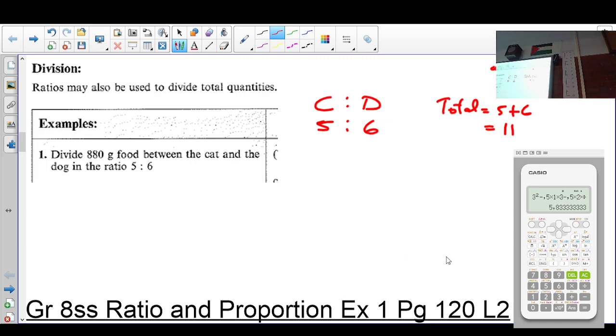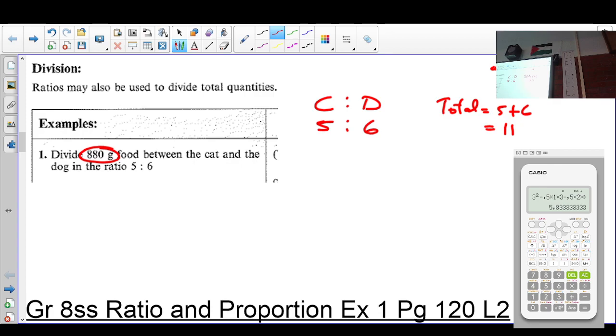The second step is you're going to divide your 880 by the total number of units there are. Remember, the cat has how many units? 5 of the 11.